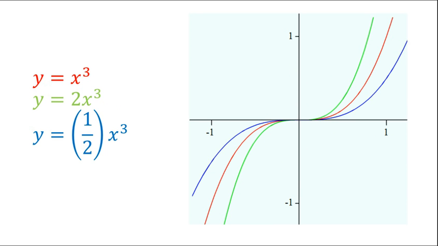Here, if we put a coefficient in front of the x cubed, basically we are stretching the graph a little bit. So you can see that multiplying it by 2 will squeeze the graph in, while multiplying it by 1/2 stretches the graph out.